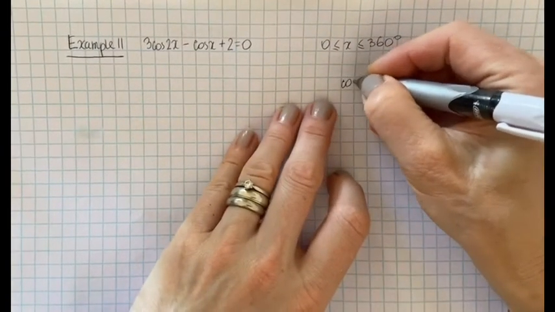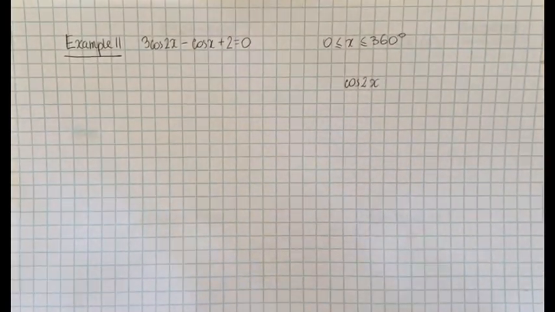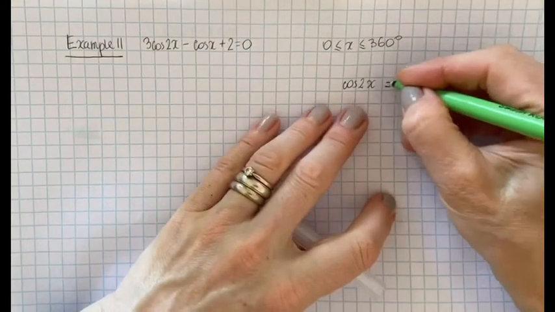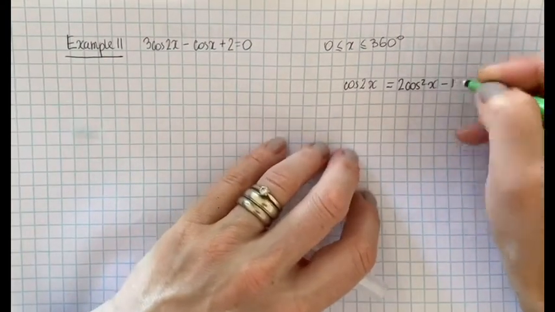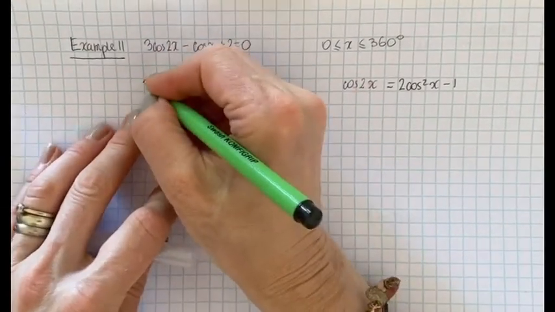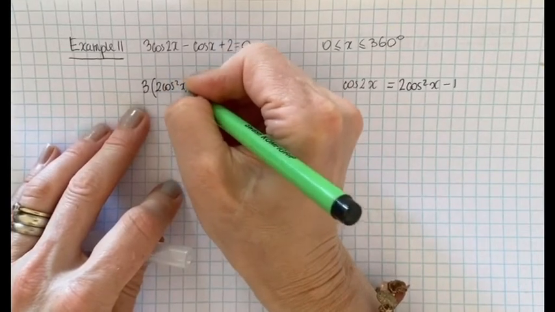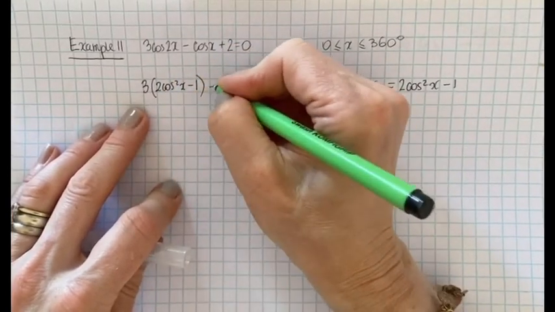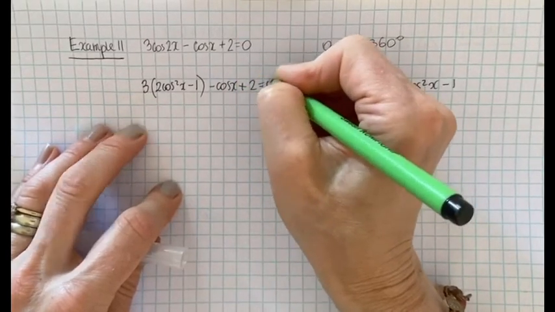So using the identity for cos 2x, cos 2x equals 2 cos squared x minus 1. We can replace it into this equation. So 3 lots of (2 cos squared x minus 1) minus cos x plus 2 is 0.